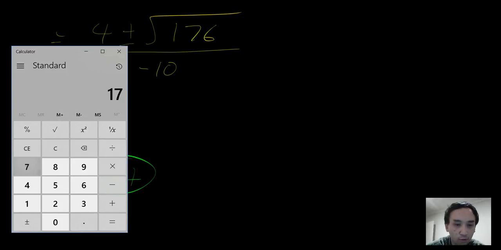So the square root of 176, that's about 13. And we want to add this to 4, then divide by negative 10. Okay, so this gives us about negative 1.72.